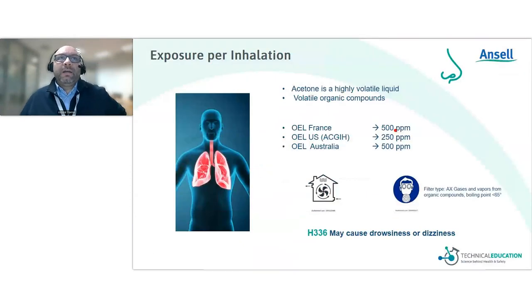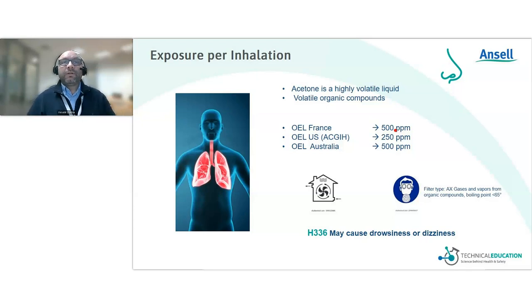The first route of exposure, and the most important one, is inhalation. As I mentioned, acetone is a highly volatile liquid. And you see here some occupational exposure limits in France, the US and Australia. It's between 250 ppm and 500 ppm.